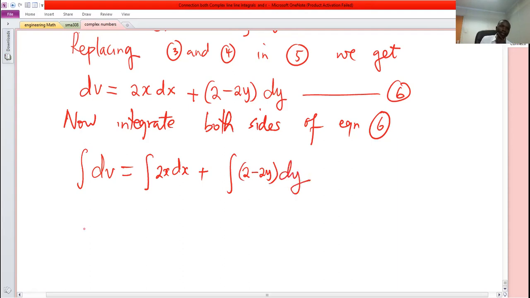Now integral of dv gives us v. So this will give us x squared. This is a constant of integration, but because also we have another constant of integration here, we'll add just at the last step. This will be 2y. This will be y squared, and then plus constant of integration.